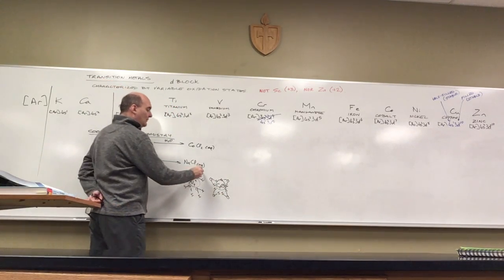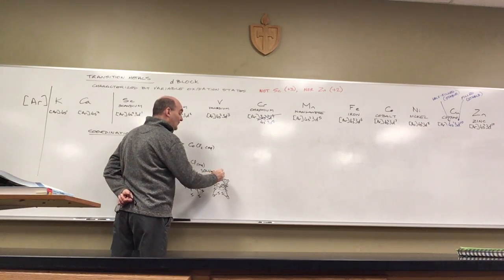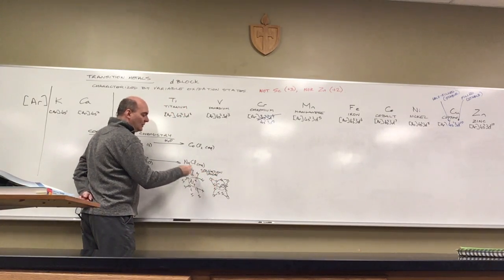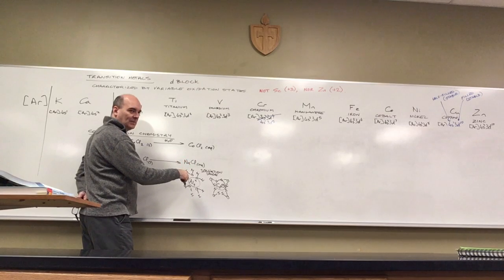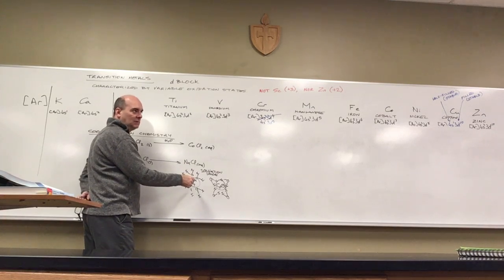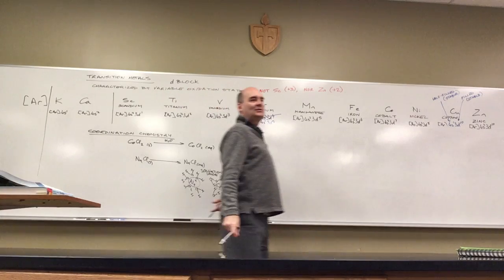And we just call that solvation. We call these solvation spheres because there's more than one. And you need about 11 water molecules to solvate the sodium, give or take.